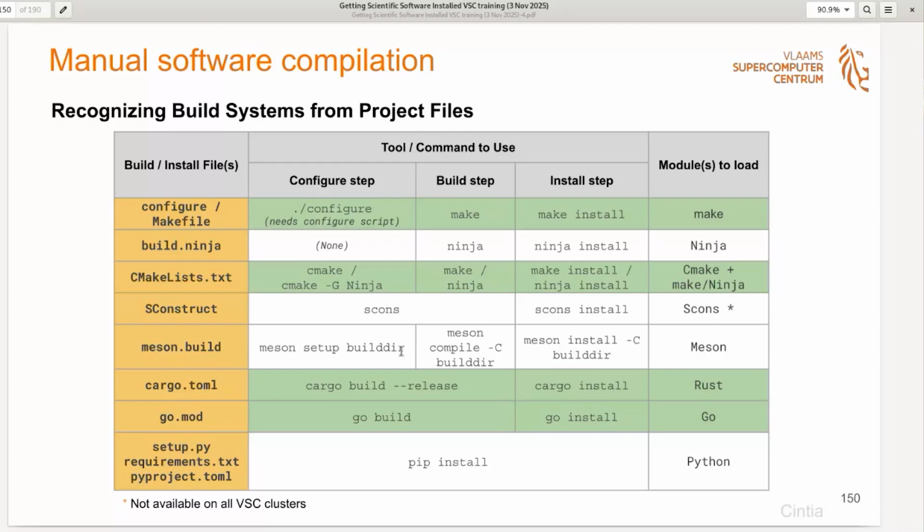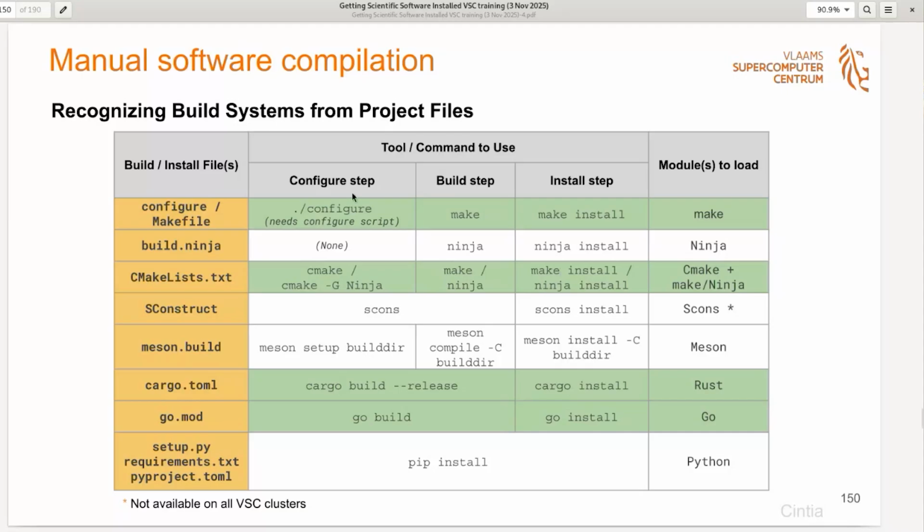In this table, you can see that based on what files you can find in the source code directory, you will need to use a different tool. For example, we saw that if you see something with a CMakeLists.txt, then you know that you can use CMake to create a makefile, and then use make to build, and then use make install to install.